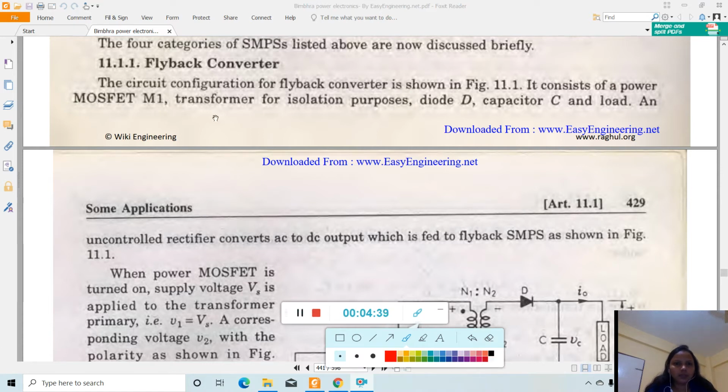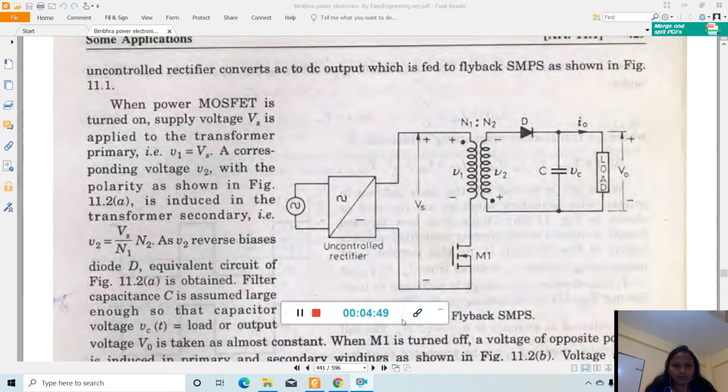The circuit configuration for the flyback converter is given here.